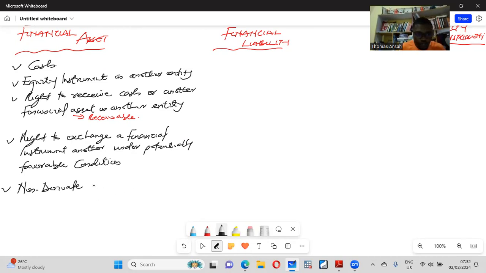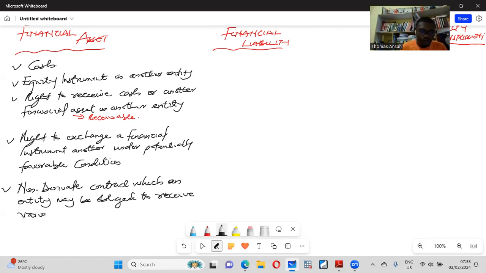So we have a non-derivative contract which an entity may be obliged to receive a variable number of its own equity instruments.